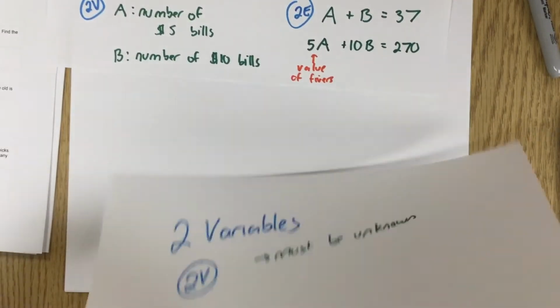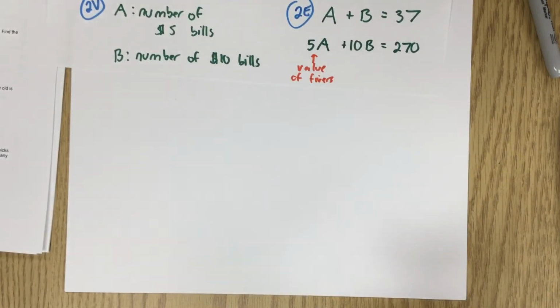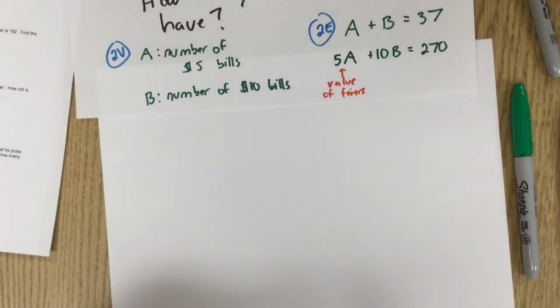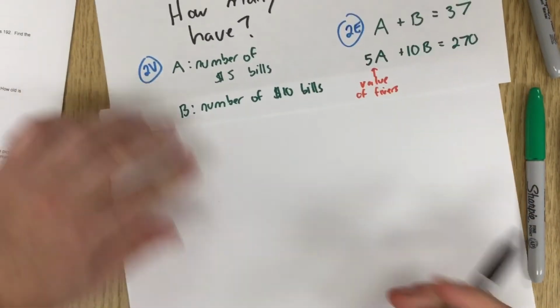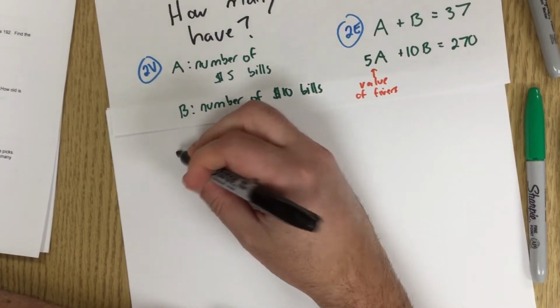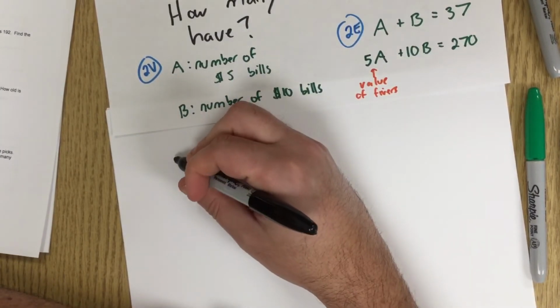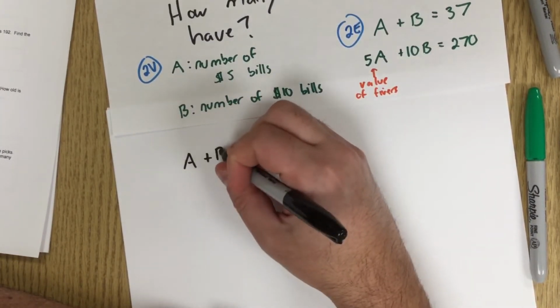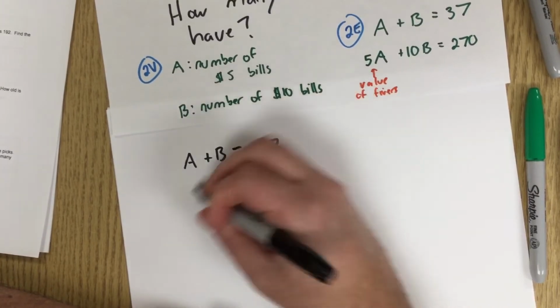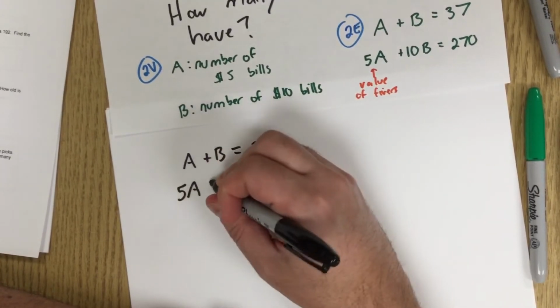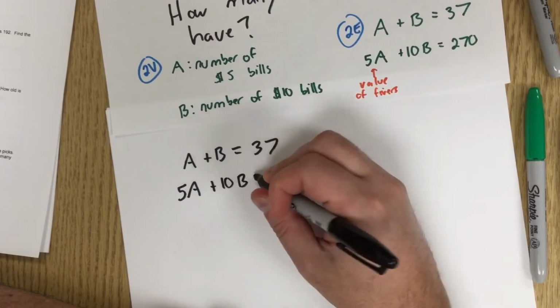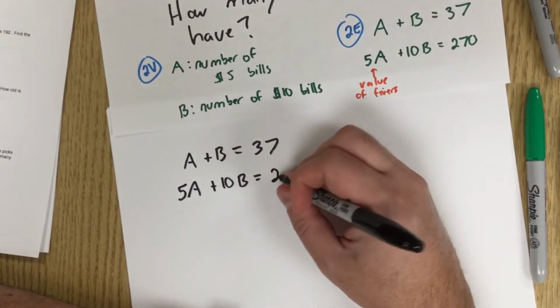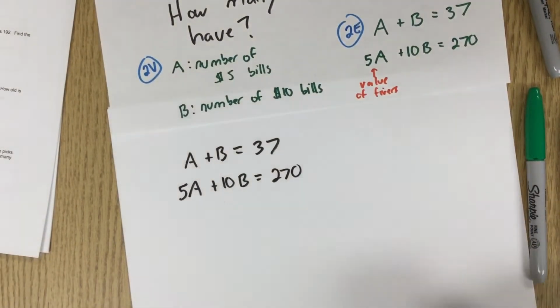Oh, we don't need this thing anymore. So if I was going to solve this, I have a plus b equals 37, and I have 5a plus 10b equals 270.